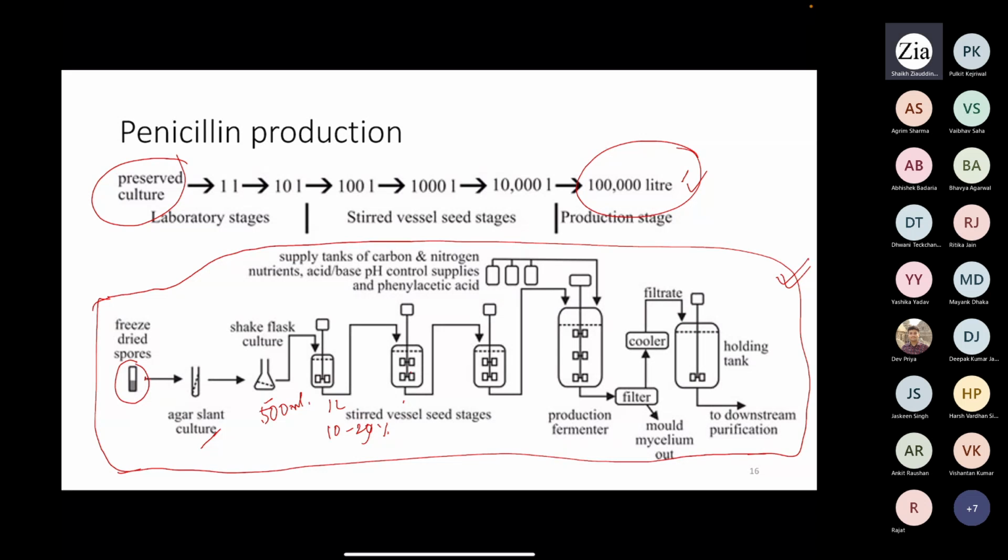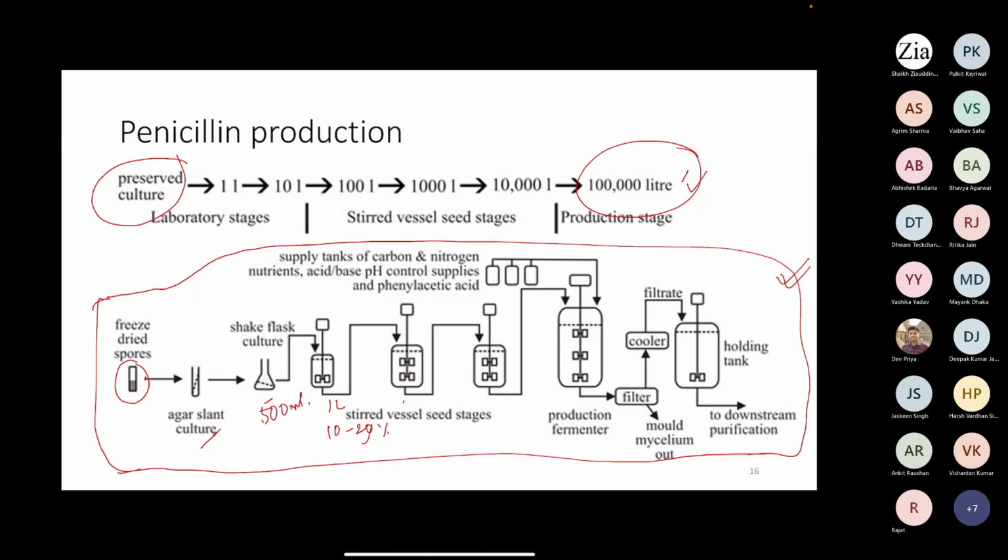And we call it the heart of the process because in this reactor system, we are actually doing the production.